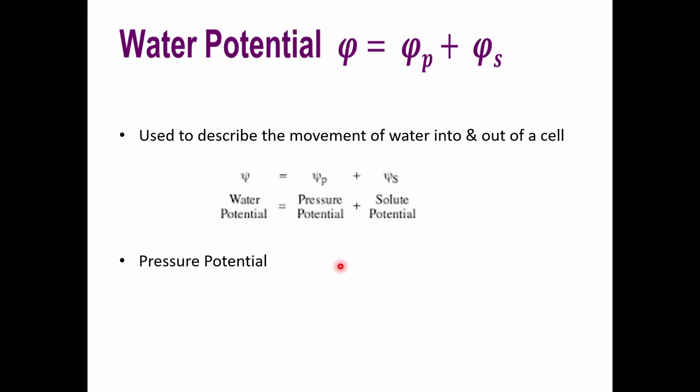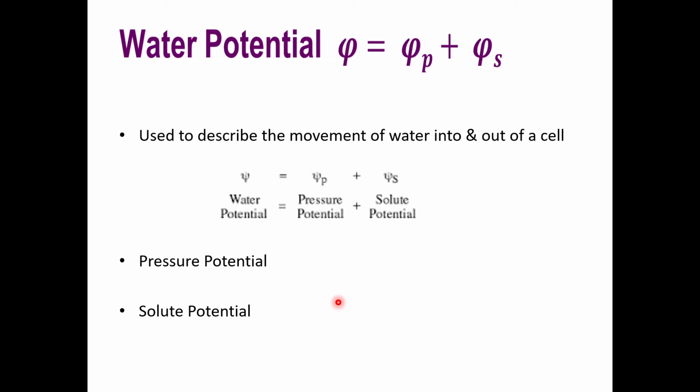And so the water enters the cell and it causes the cell to swell and push against the cell wall. Since the cell wall is pushing on the water within the cell, then there's going to be a pressure potential for that. But they would have to give you that value, or you'd have to be able to find that value given everything else. But in an open beaker sitting on a table somewhere, pressure potential is going to be 0.